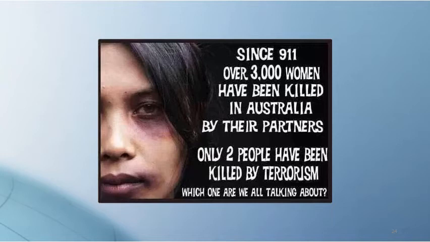So is this a securitizing move? I don't think so. They're not saying the existence of Australia or Australian society is threatened. I mean, they are saying that the existence of women is being threatened, right?